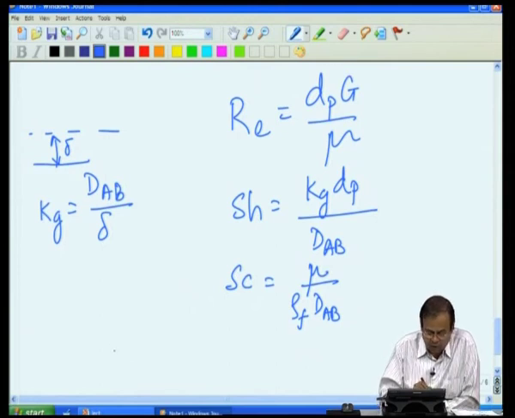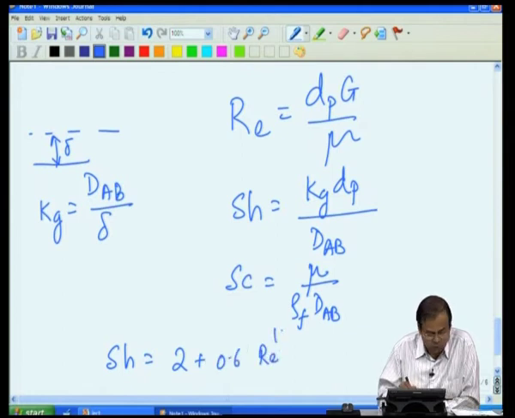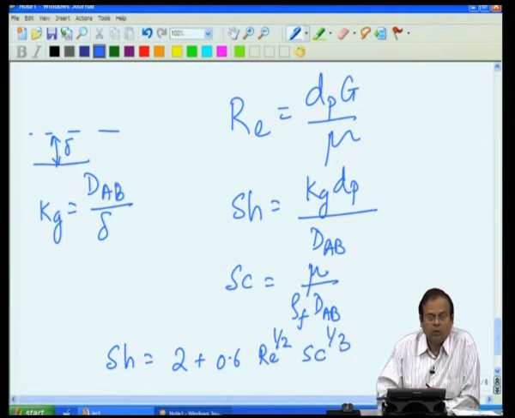For example, the Froessling correlation is Sherwood number equals 2 plus 0.6 Reynolds number raised to 1/2, Schmidt number raised to 1/3.